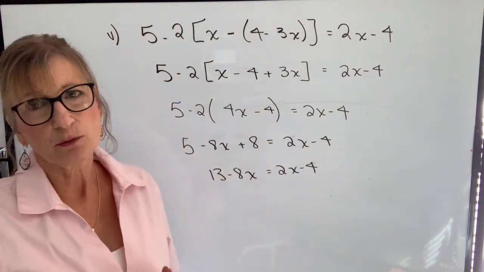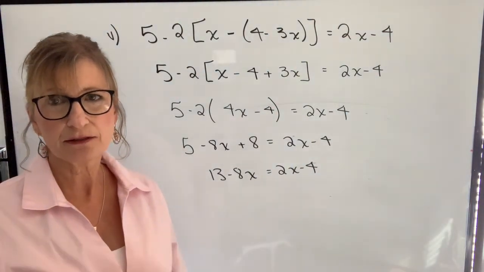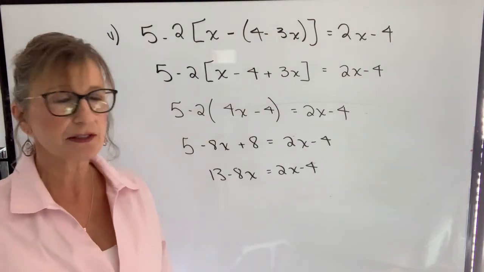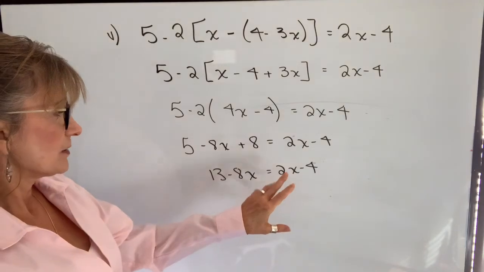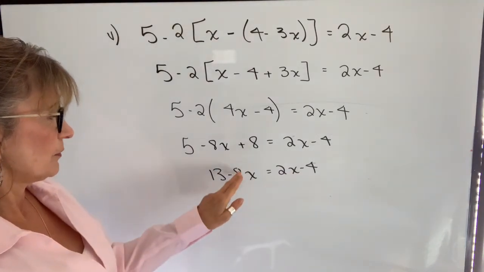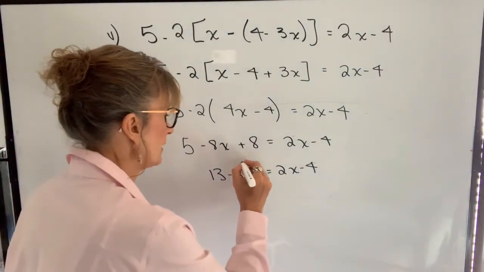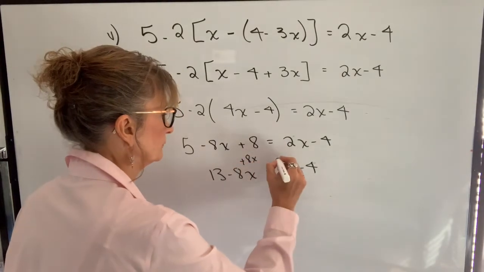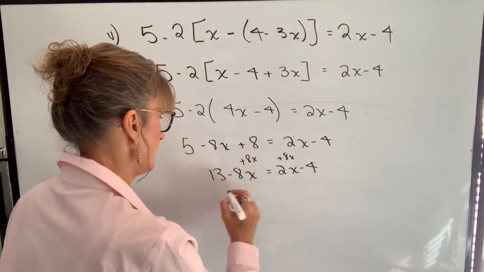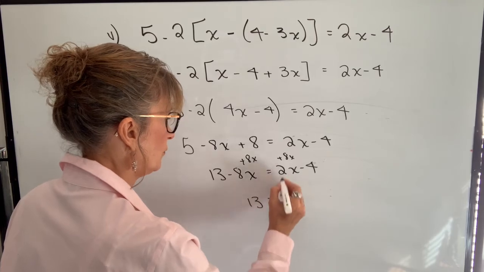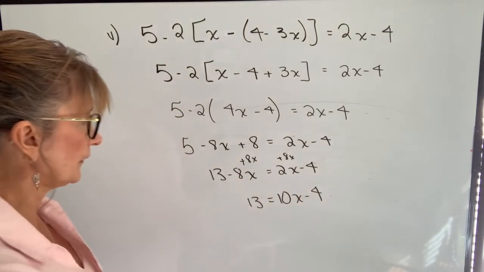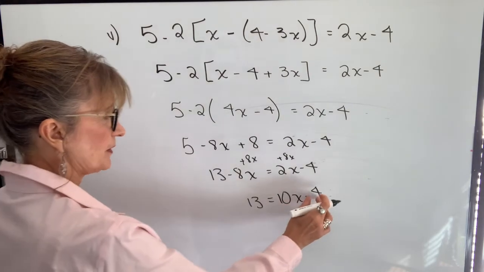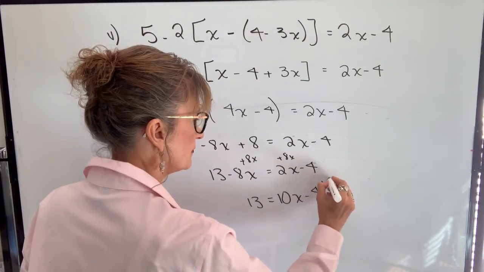Now I've got an equation that's much simpler, and I can start rearranging things and moving things around. In this case, I want my x terms to have a positive coefficient, so I'm going to get them together by adding an 8x to both sides. So I'll be left with 13 equals 10x minus 4. I want to get this term by itself, so I'm going to add a 4 to both sides.